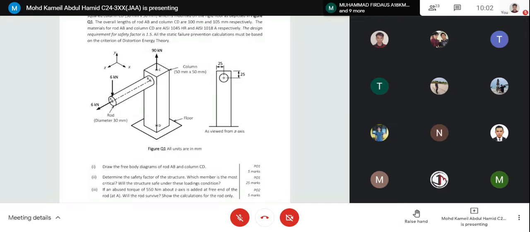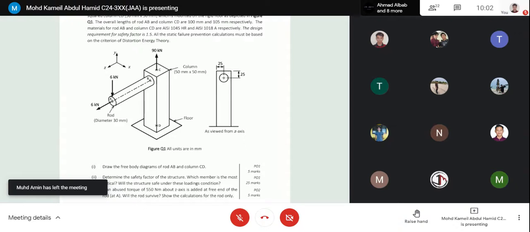Okay, give it a try. Try soalan 1, 2 dan 3. Soalan 1 dengan 2 dulu lah. Okay. And on Tuesday, we will ask you to submit.